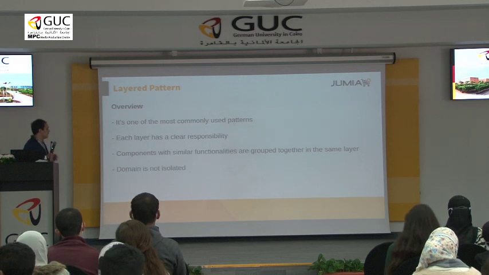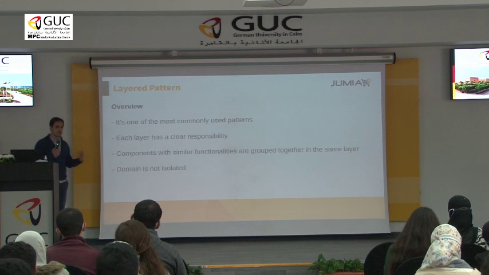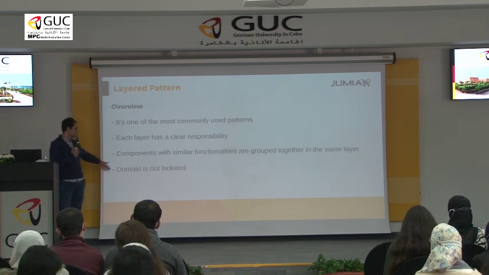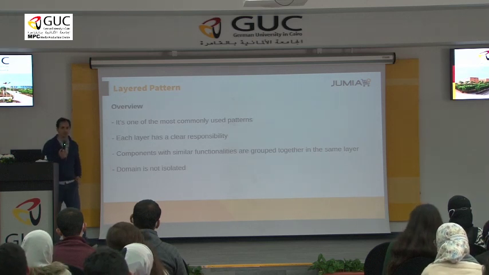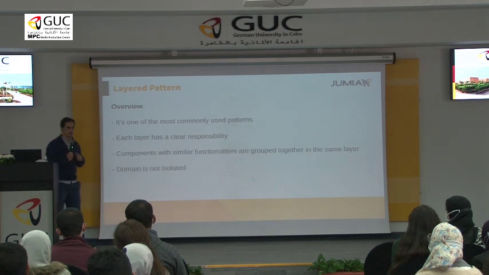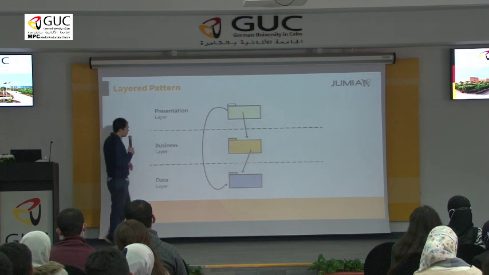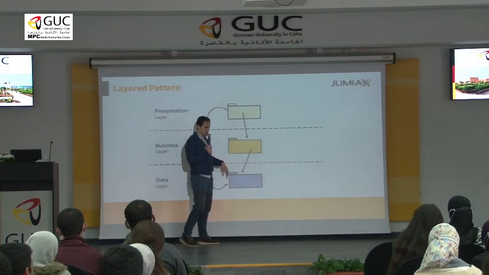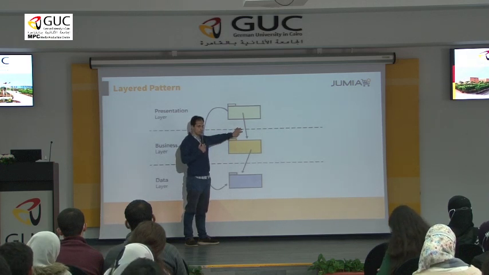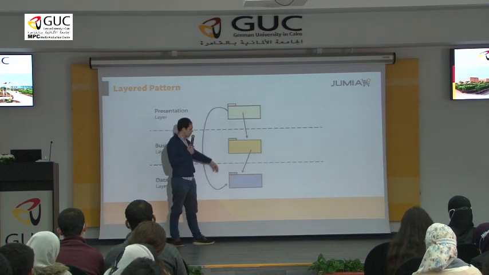Okay, and in this case, the domain is not isolated. What I want to say with the domain is not isolated, do you have an idea? It means that our domain can be here or here. What is the problem if our domain stays here or here? You don't have any boundary.